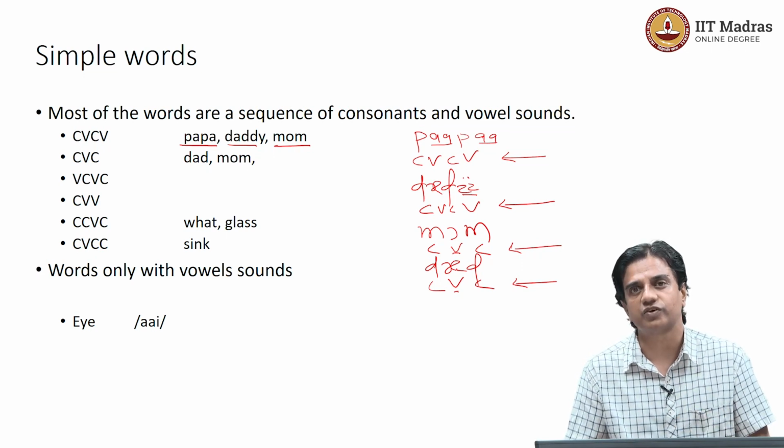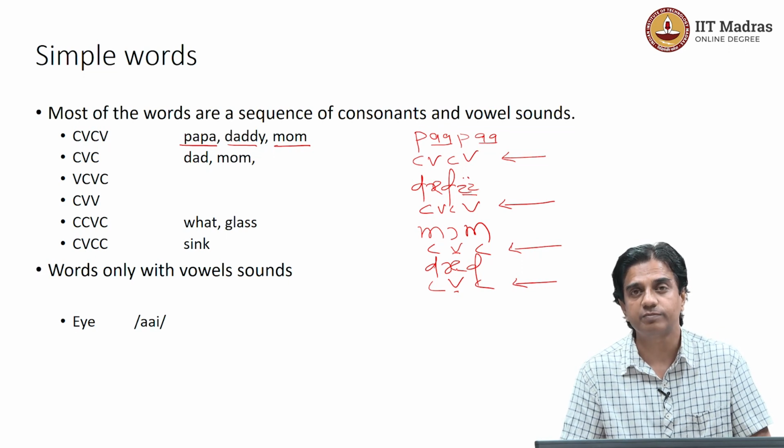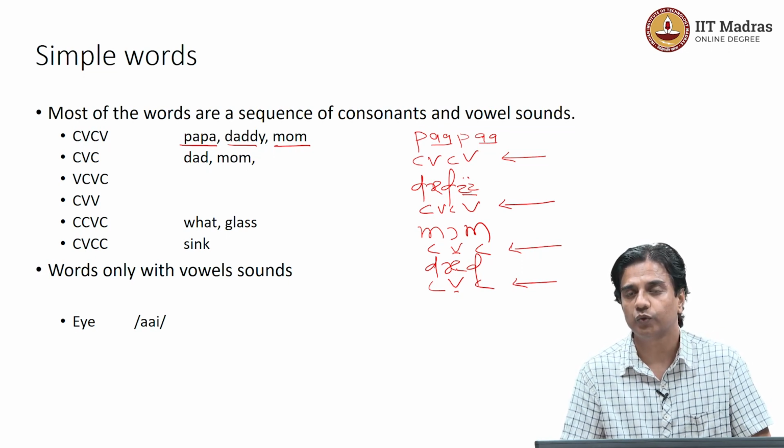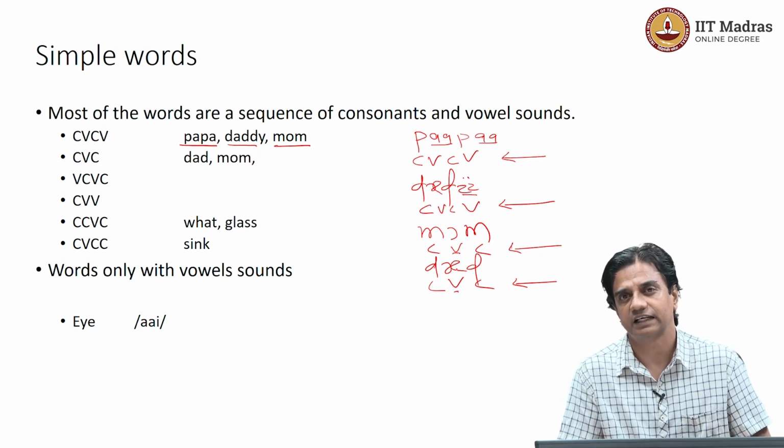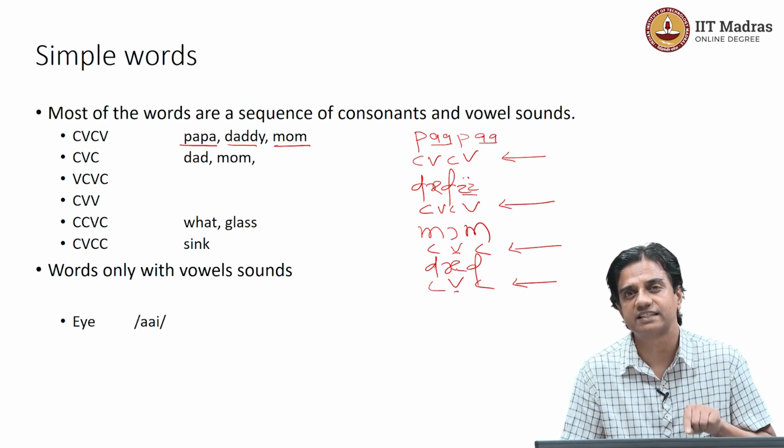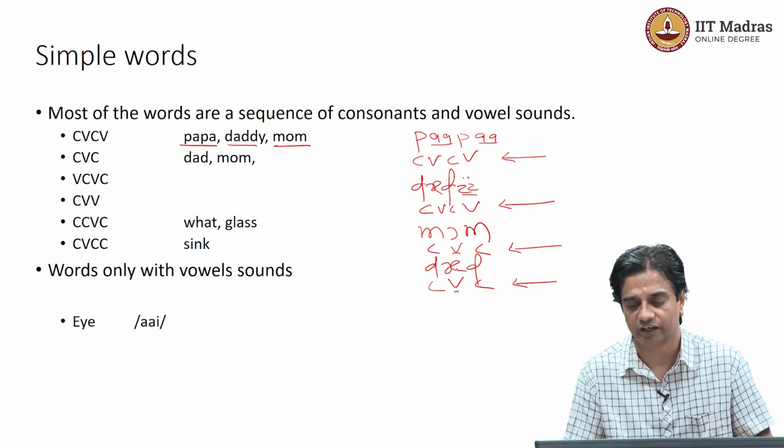The answer is that it's possible because there is no limit on how we use these sounds in a word. That is, what comes first, what comes at the end, and how many times the same sound can come in a word.